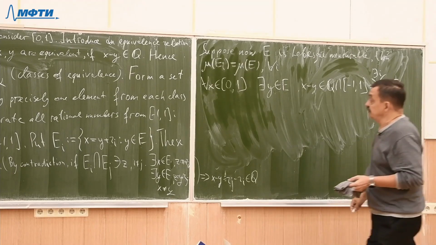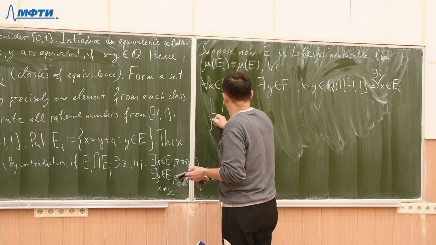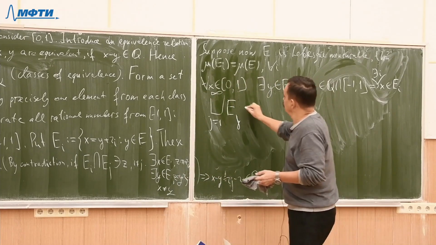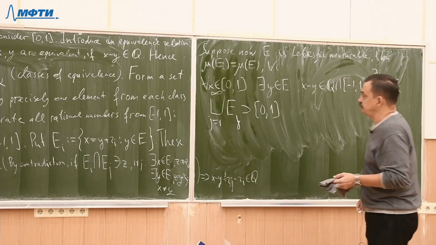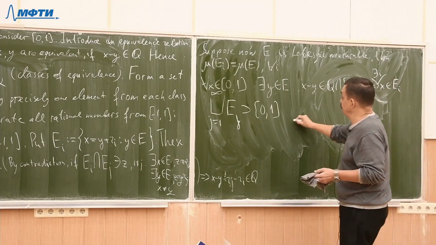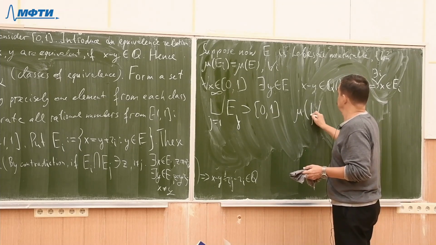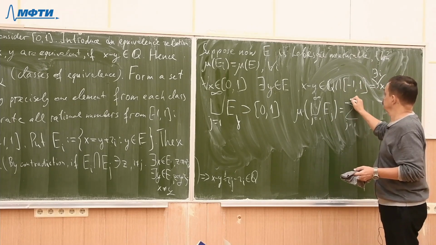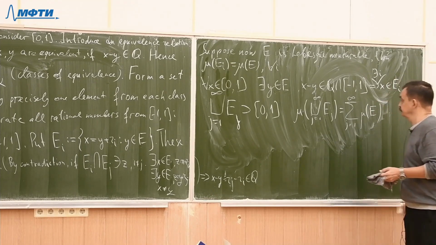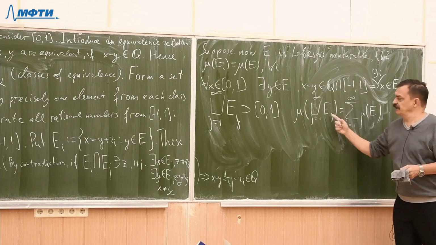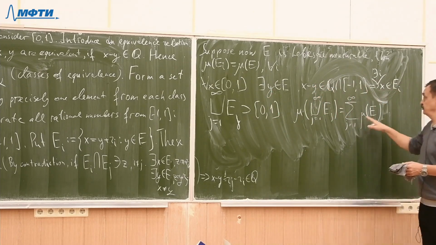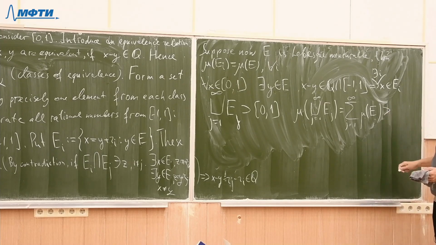So there exists i such that X belongs to E_i. And what does it mean? It means that the disjoint union of all sets E_i contains [0,1]. And the measure of this disjoint union, by sigma additivity of Lebesgue measure, is the sum of measures, and each of the measures coincides with mu(E), and it is greater or equal than the measure of the interval [0,1], which is 1.